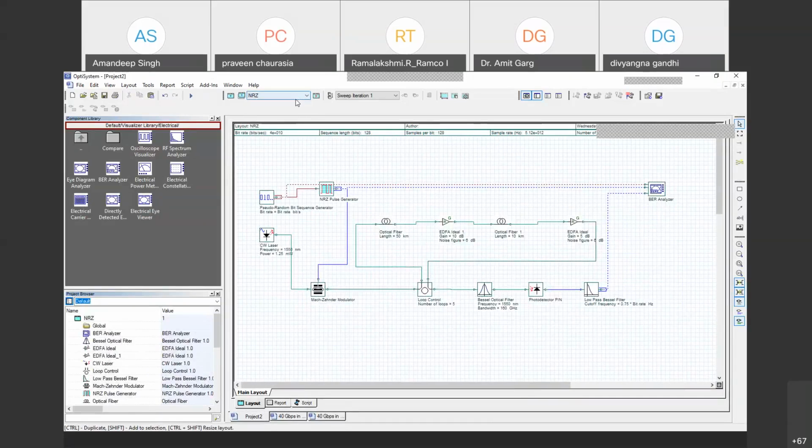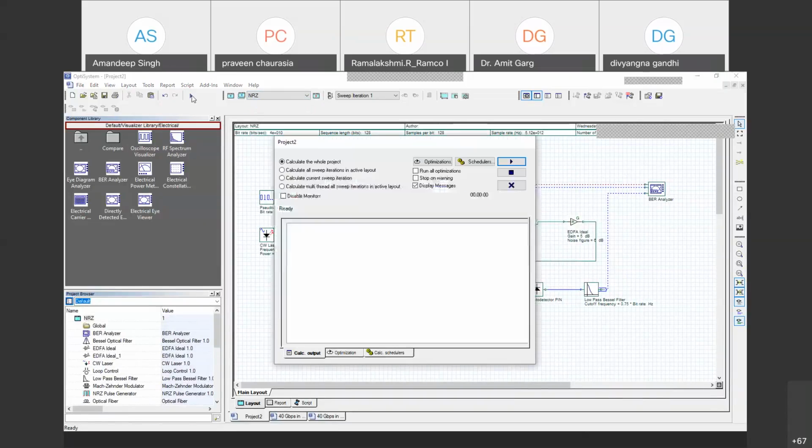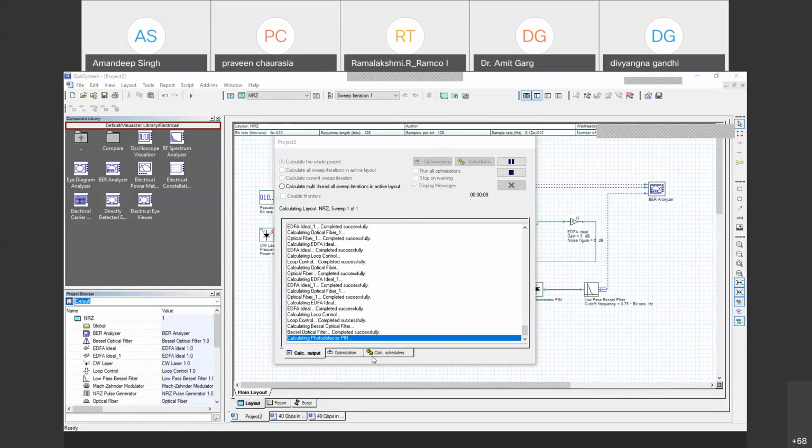So now in a single pane, we have RZ as well as NRZ. And when I simulate it, this is just for the purpose of comparison of results. Or else if you have separate projects for separate layouts, you can extract the curve of each analyzer or visualizer. Then you can export the data to an Excel file, and from there you can make a graph for the comparison purpose. Okay, this is simulated.